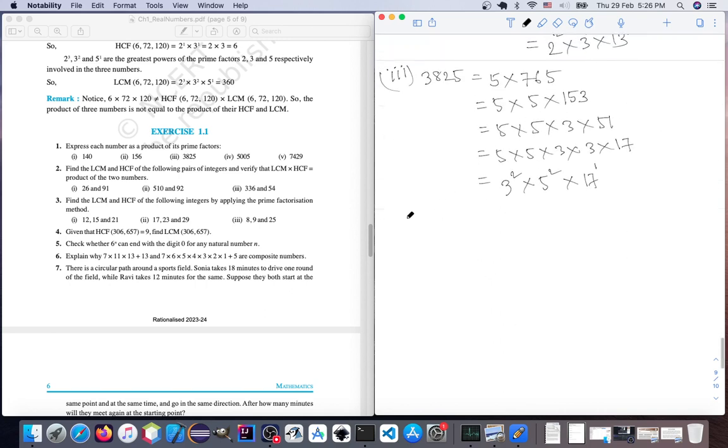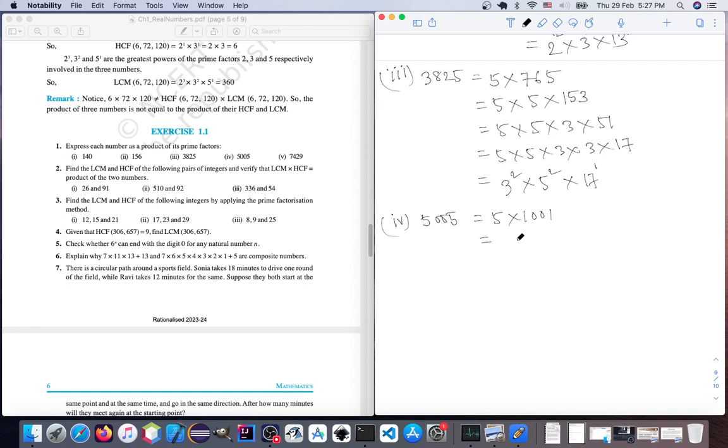Okay. So what else? 5005. Okay. So 5 into 1001. Can we factorize 1001 further? Is it divisible by 3?